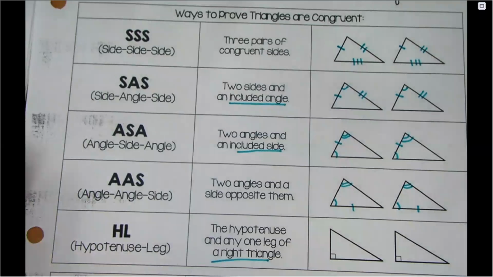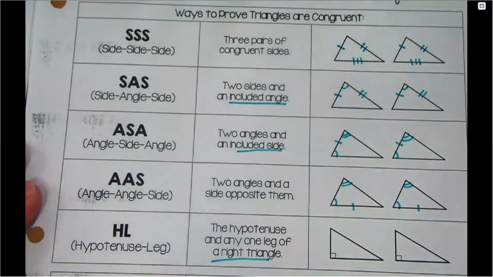So if you've got a right triangle and you know both of the hypotenuses are congruent and one of the legs, then you know those triangles are congruent. So that's how you can prove congruency. We're going to be doing that today in the form of a 2-column proof. Okay, so that's what we're going to be working on.